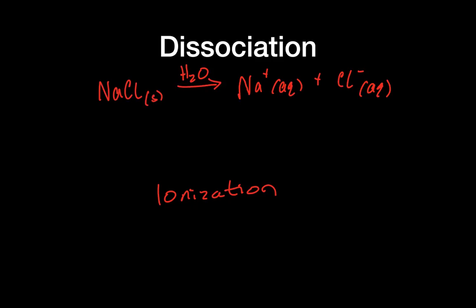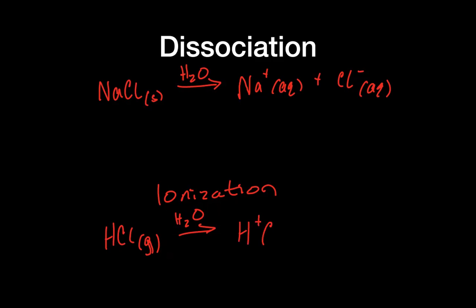I don't know if I've talked about this before, but I want to make sure that I emphasize this point. Ionization is where you have a substance which is not ionic. So hydrogen chloride gas is a molecular compound. When you dissolve it in water, because hydrogen chloride is a very highly polar compound, the polarity of water is actually able to create ions.